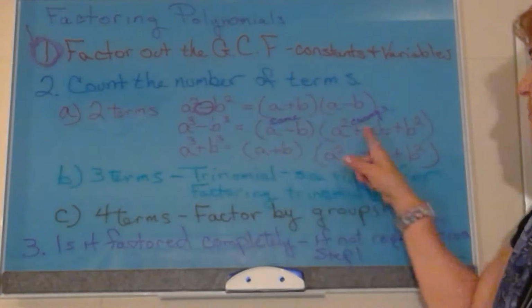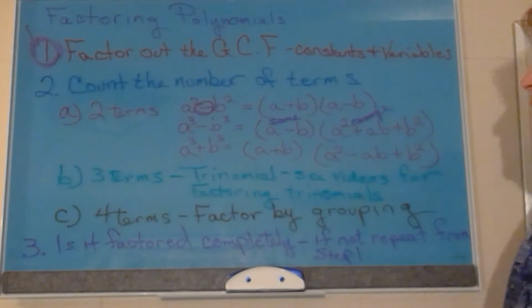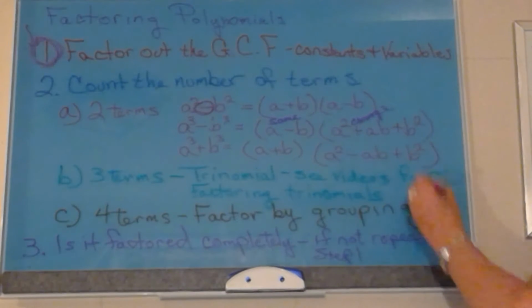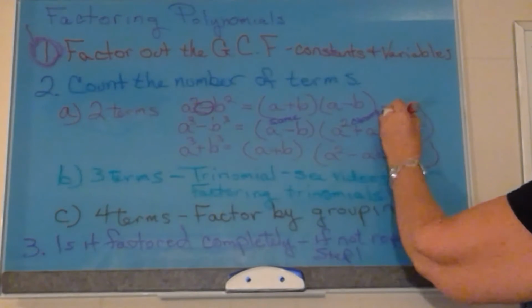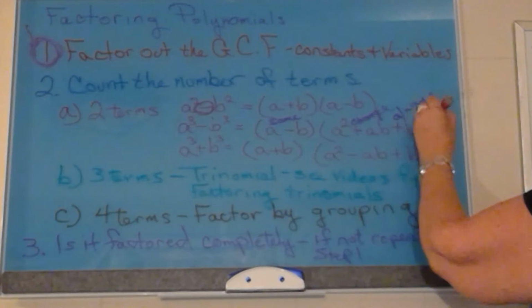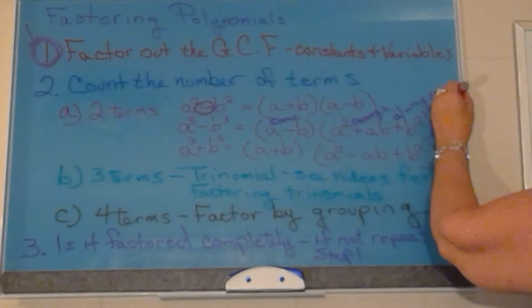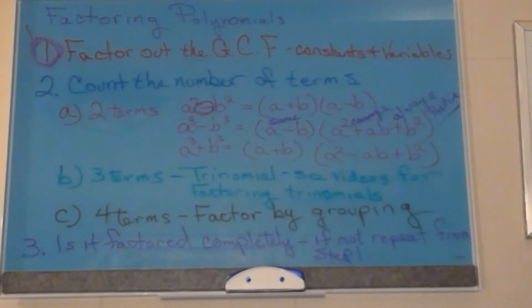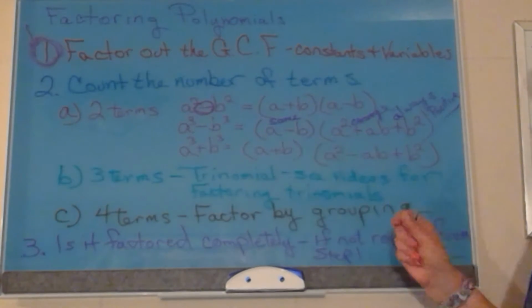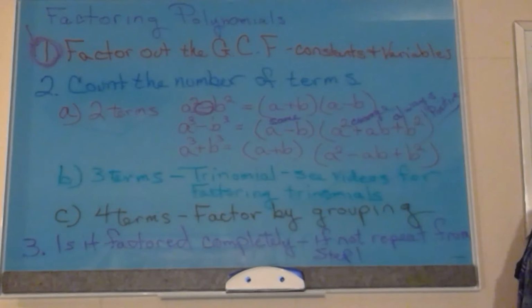If that was a minus, we've got a plus here. If that's a plus, I have a minus here. The last term is a b squared, and that sign is always positive. So, to remember this, you've got same, change, always positive. And hopefully that's not too difficult to remember.